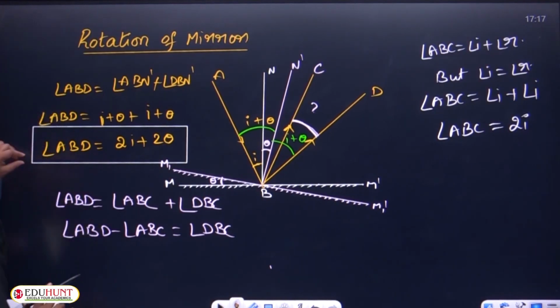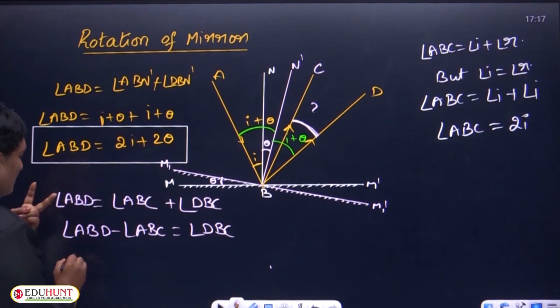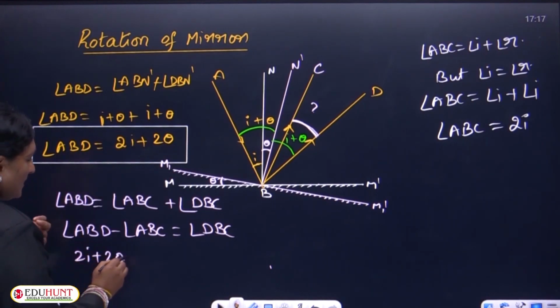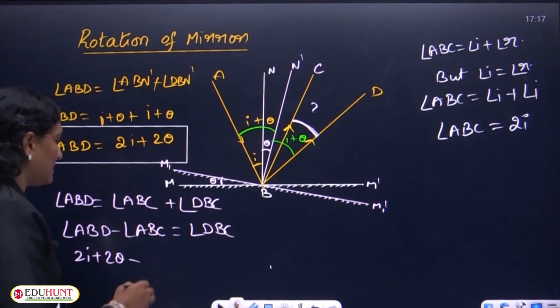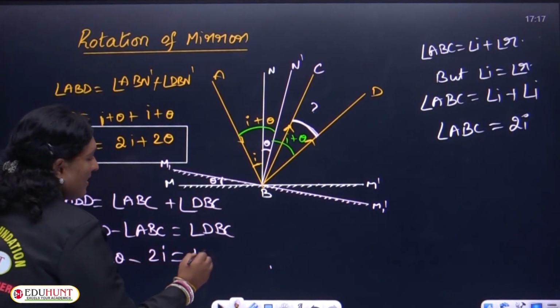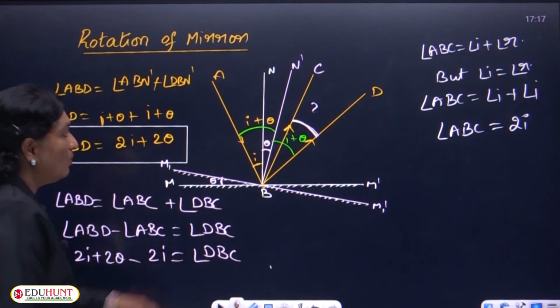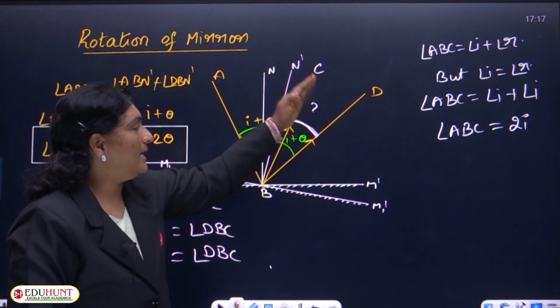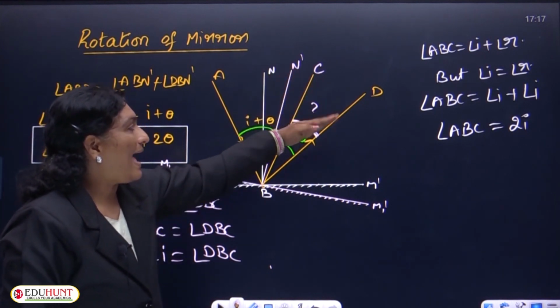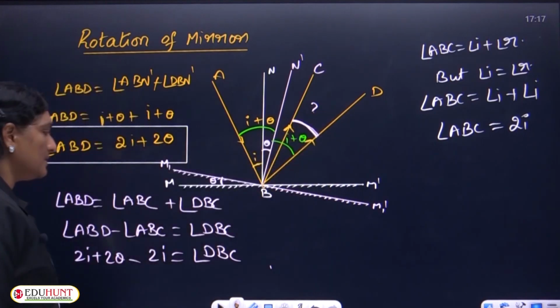So, first of all, what is ABD? ABD is 2i plus 2 theta, minus ABC which is replaced with 2i, is the value of DBC. What is DBC? DBC indicates the angle through which the reflected ray is deviated.